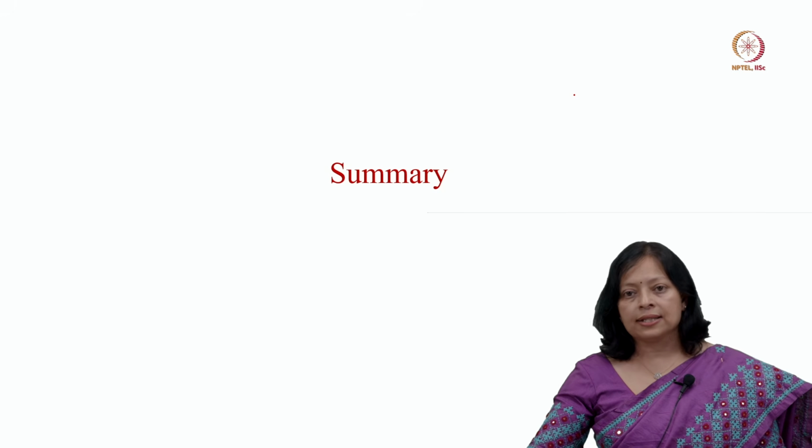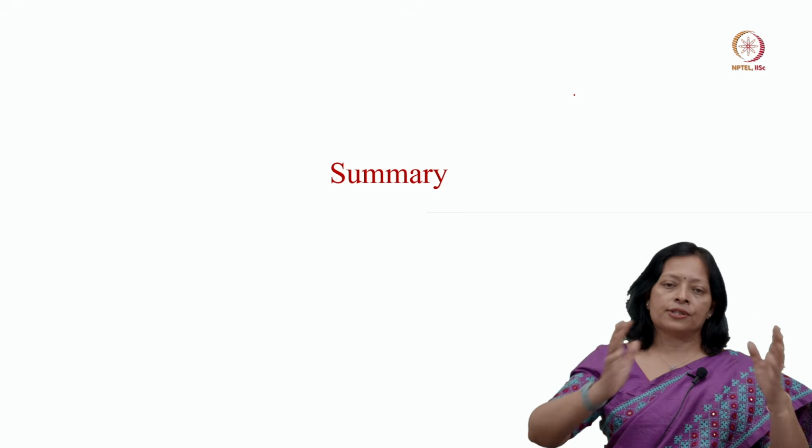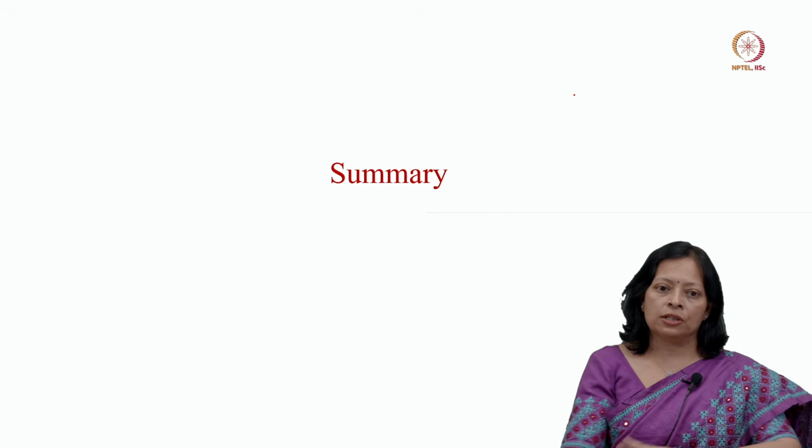Before I conclude, let us have a quick revision or summary of what we have learnt in today's discussion. We have seen that in any form of traditional GANs, control over the finer details or attributes of any human face or image was not possible.